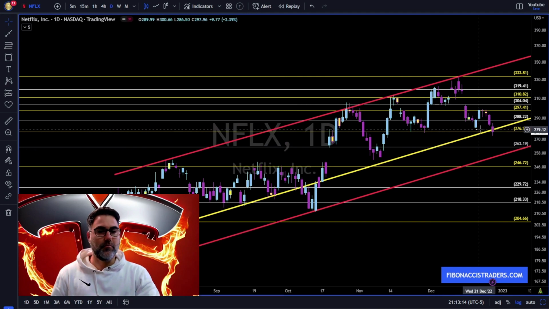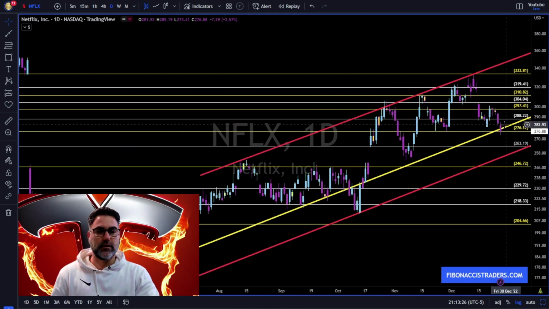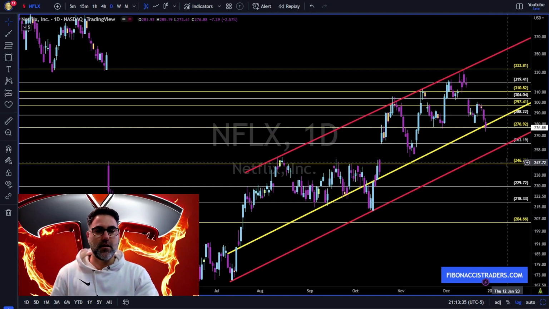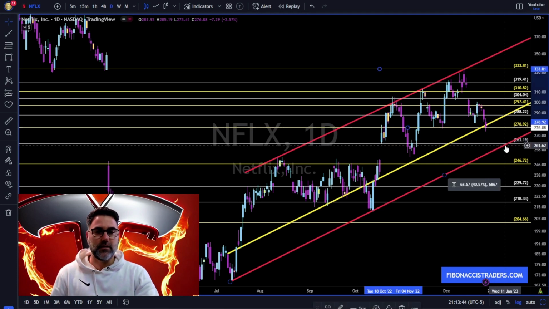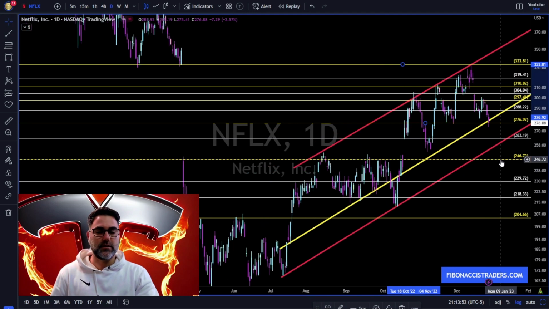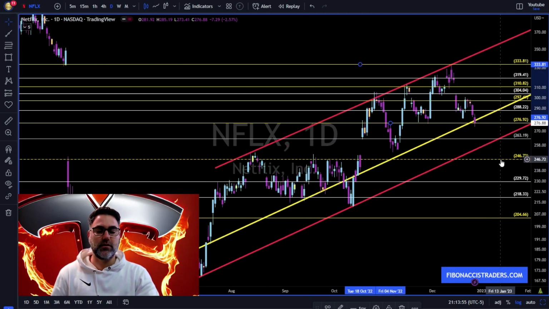Netflix is holding barely this yellow trend line, still inside the uptrend channel, but as we can see, bulls are getting weaker by the day. So if you are in a long position on Netflix, this is the time to start managing your risk much tighter, because if the 276 breaks to the downside, 263 in my opinion will be next, and if the red trend line also fails to hold, 246 will be the next major support that bulls will have to work on.